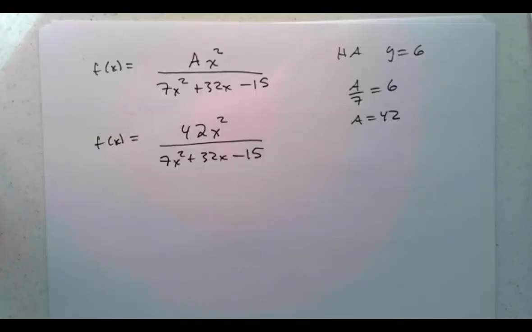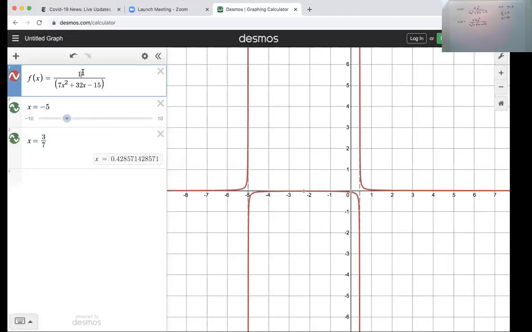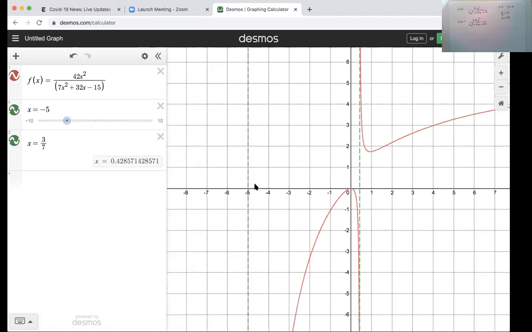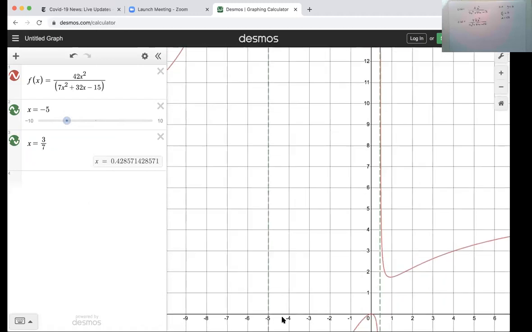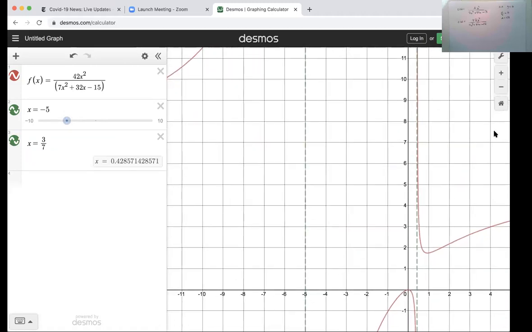So we will eliminate this function and change it to 42x squared over 7x squared plus 32x minus 15. And we'll see what we see. And then we believe we have a horizontal asymptote at y equals 6, but very difficult to see here.